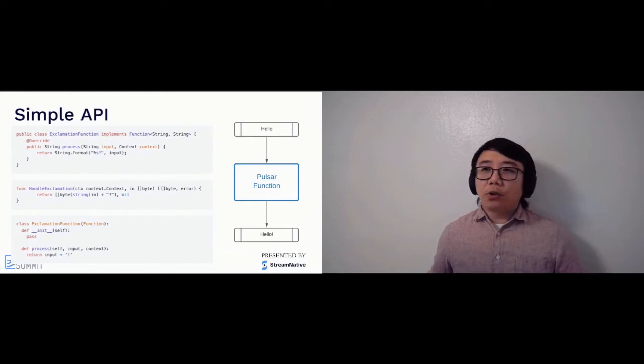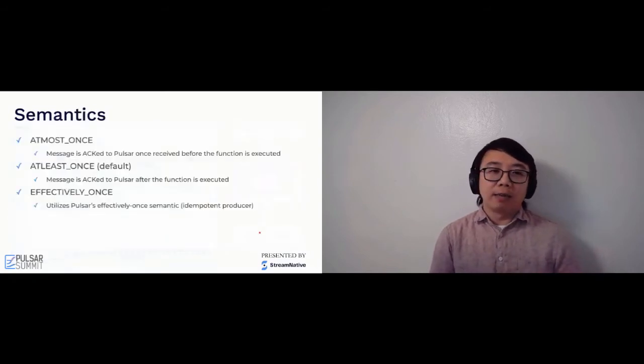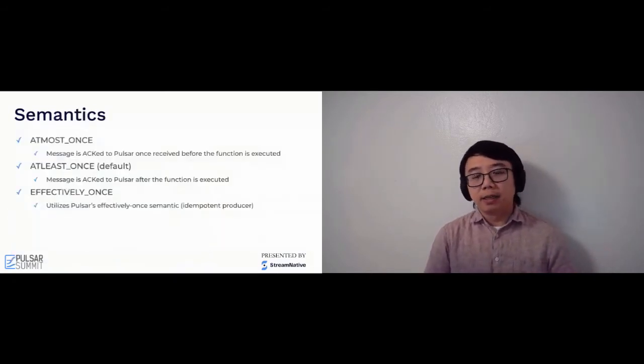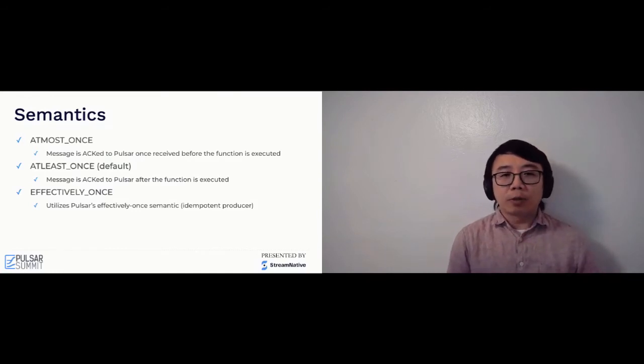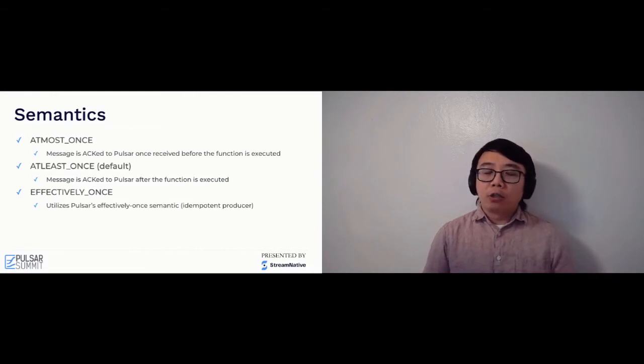Pulsar Functions is a serverless event streaming framework. It also provides different data processing semantics, from at-most-once processing semantic, to at-least-once, to effectively-once processing semantic. By default, all functions you submit run in at-least-once mode. The difference between semantics really depends on when you acknowledge the messages back to Pulsar.